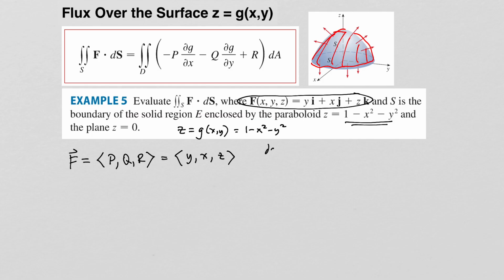So let's go ahead and compute the partial derivative of g with respect to x. That's going to be negative 2x. And the partial derivative of g with respect to y is negative 2y.